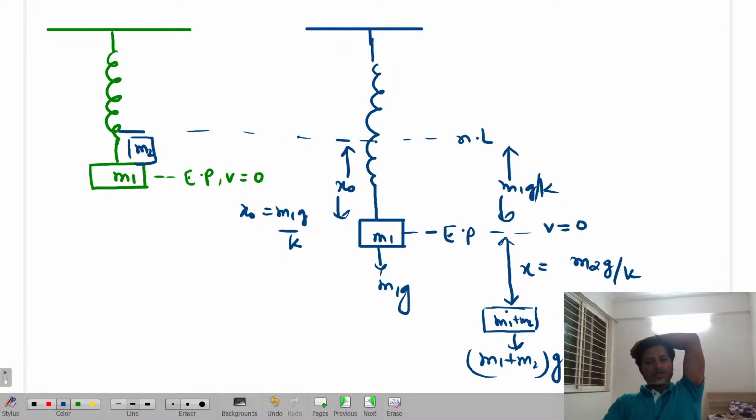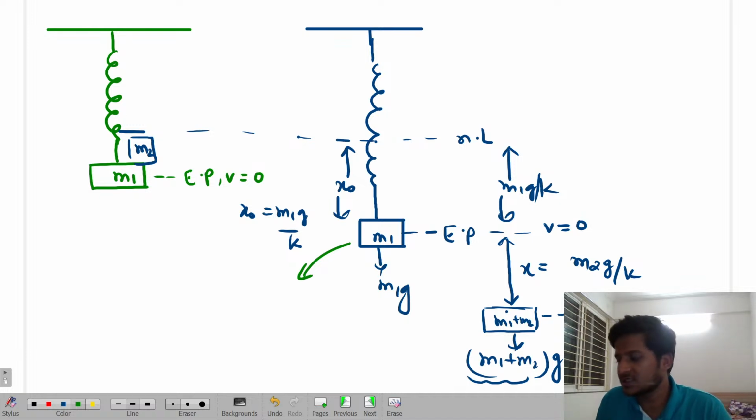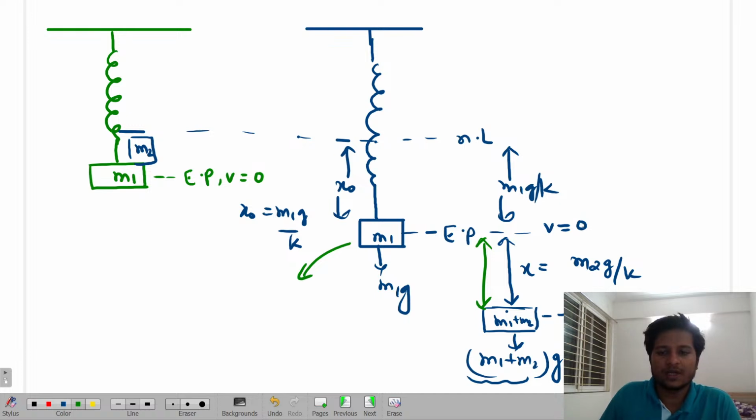So suppose I expanded it by some length. By how much length did I expand it? Basically m2g. So if you look carefully, if the new equilibrium point is formed, then what will its velocity be here? It will be the maximum velocity, right? Because the dominating force, which is my dominating force? m1 plus m2 into g. So what we have to take into consideration is that whatever my initial condition was will not be the same equilibrium condition for the next case. Is that clear? So the amplitude must be from V0 to Vmax.